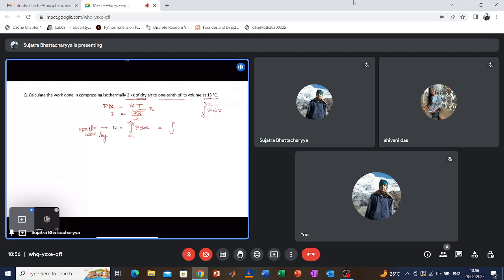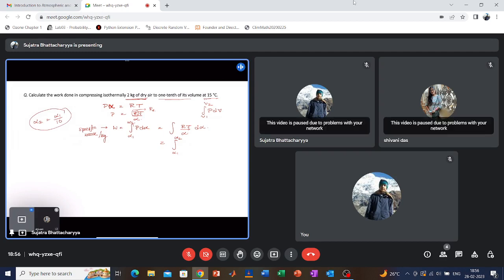So P we already have seen, that is RT by alpha. T is constant, R is also constant for dry air. Alpha 2 is alpha 1 by 10, because it is 1/10 of its initial volume. Rd is about 287.